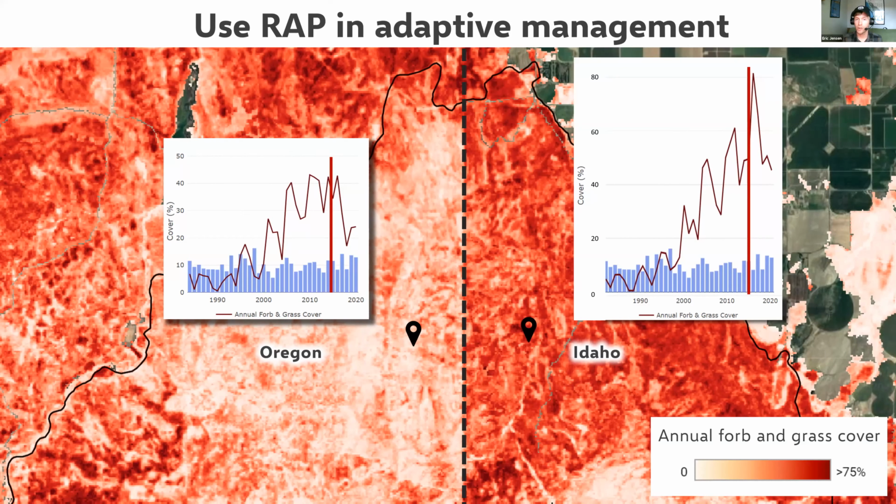And so you might try to replicate the type of management that has been applied on the Oregon side, or apply that type of management on the Idaho side if that's possible. Regardless, you can use it as just another piece of information within an adaptive management framework, and hopefully alongside some local field data as well.